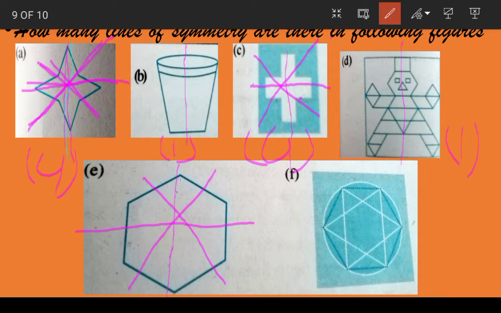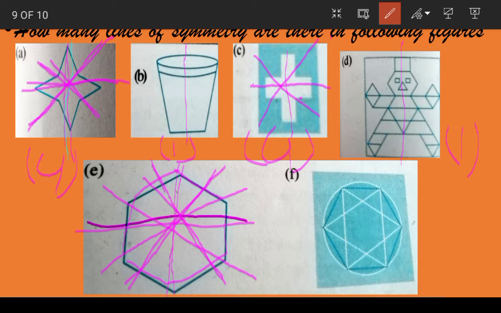So let us count 1, 2, 3, 4, 5, 6. It has 6 sides. So obviously it will have the same number of lines, because when we count it like this, 1, 2 and 3, here, and 1, 2, 3, like here. So it has 1, 2, 3, 4, 5, 6. Yeah, 6 lines of symmetry.